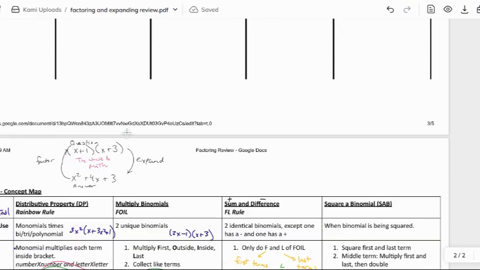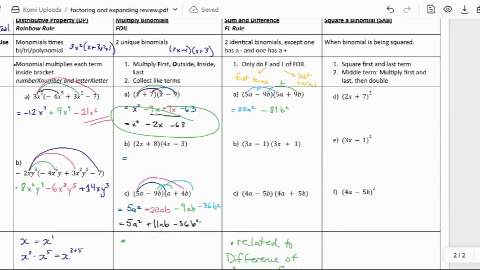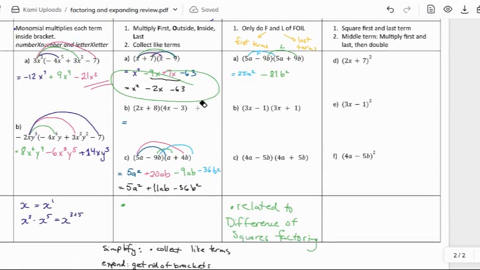Right? It's simple trinomial. Related factoring. We've got simple trinomial. And what did you guys call it when you do decomposition?